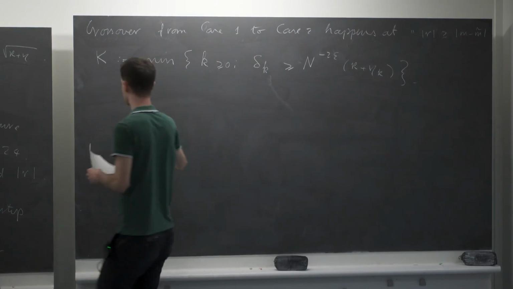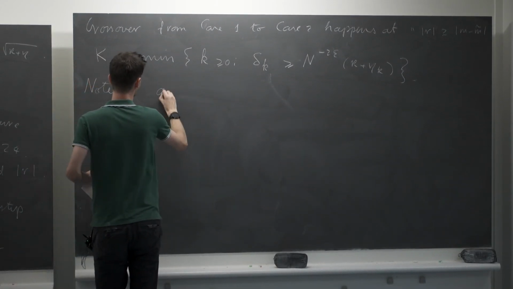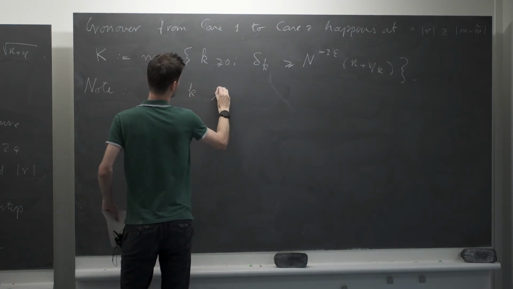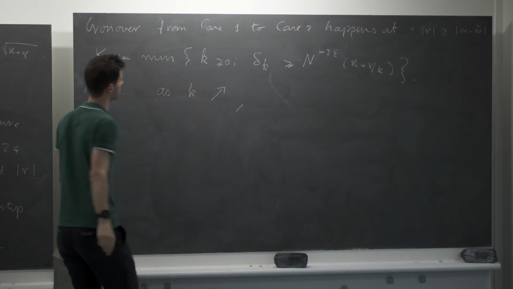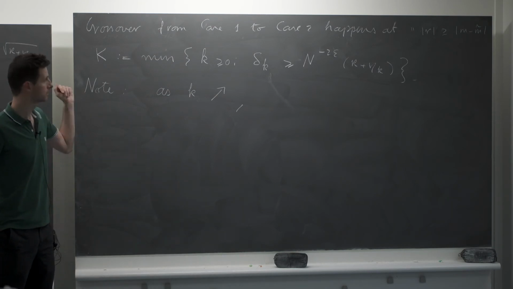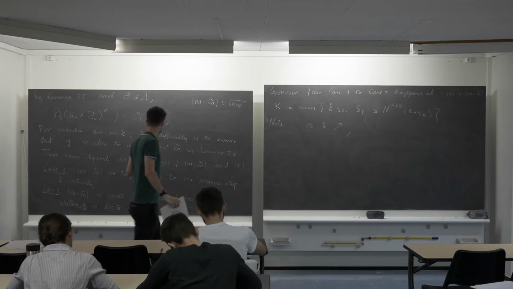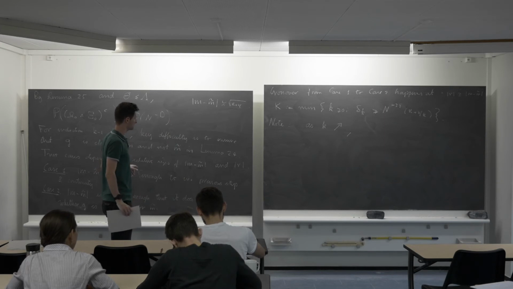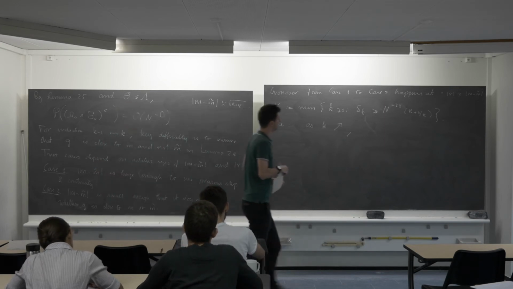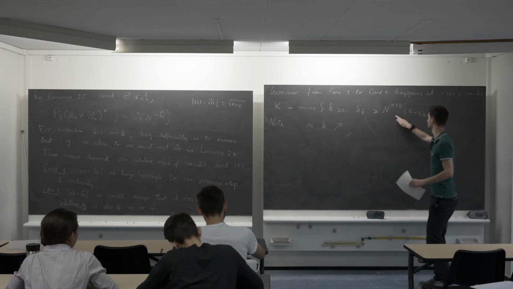One observation that's important. As k increases, I want to make sure the following thing. I start off in case 1, right? If eta is equal to 1, then the right-hand side is big.